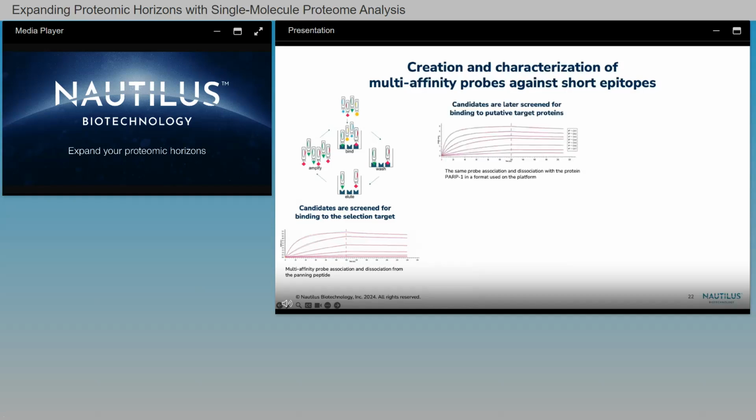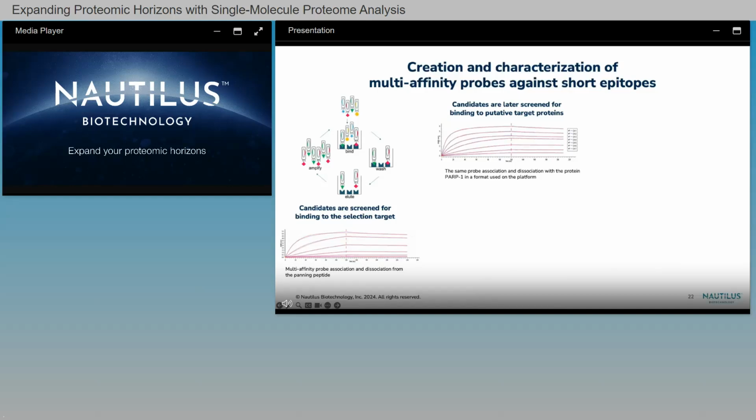Next, we examine how these potential affinity reagents bind to a variety of other epitopes and to proteins containing those epitopes. So for instance, shown in the upper center here is the binding of this particular probe, which recognizes the epitope WNK, to the protein PARP1, which contains that epitope.